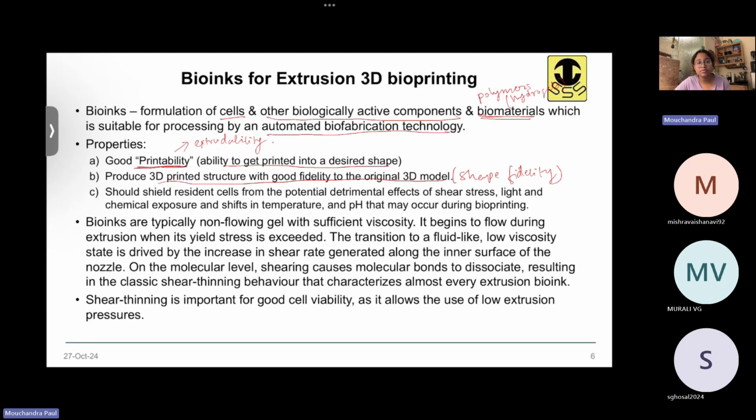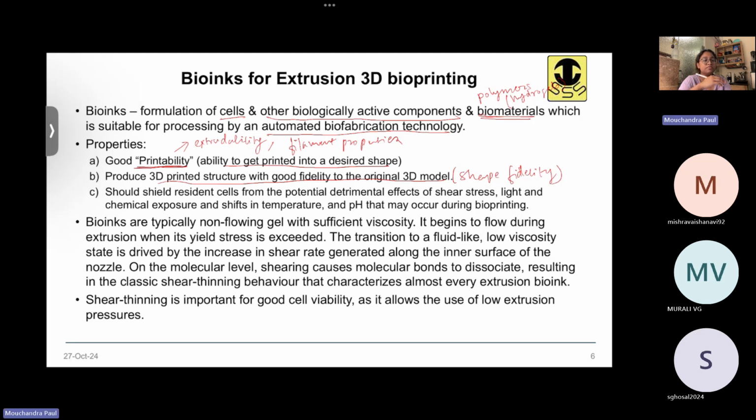Is it uniform enough? Is it thick enough? Is it matching the diameter of the nozzle? So we test that as well. So we classify the filament properties as well. There are various small properties under printability that we check to assess how good our bioink is.